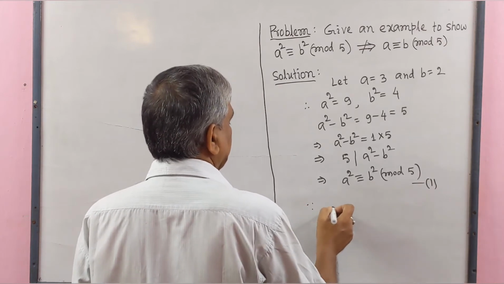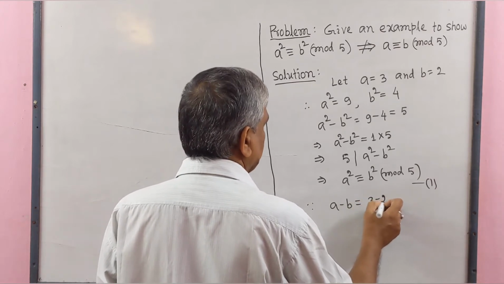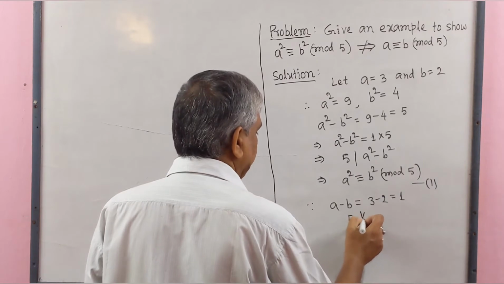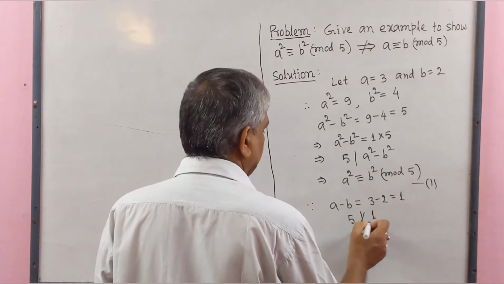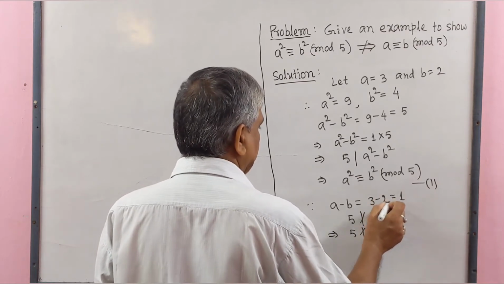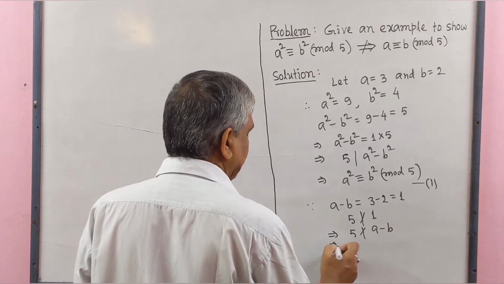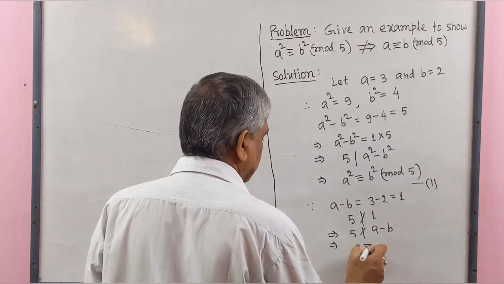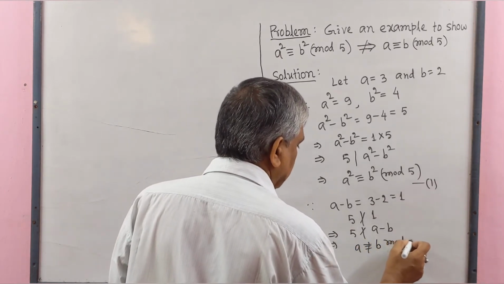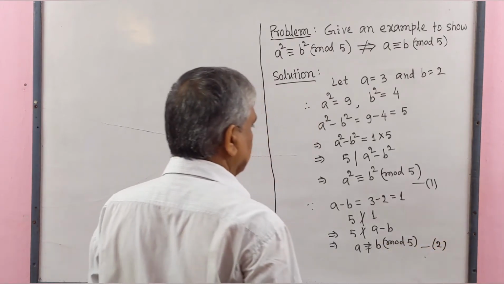Since a minus b equal to 3 minus 2 equal to 1, 5 does not divide 1, which implies that 5 does not divide a minus b, which implies that a is not congruent to b modulo 5. This is number 2.